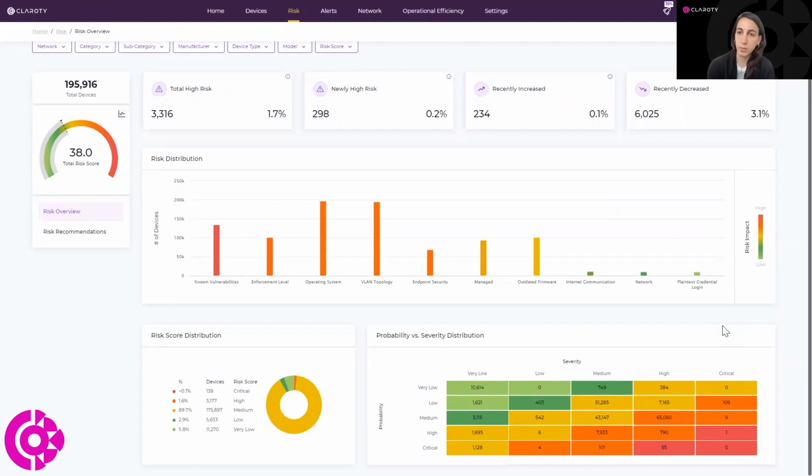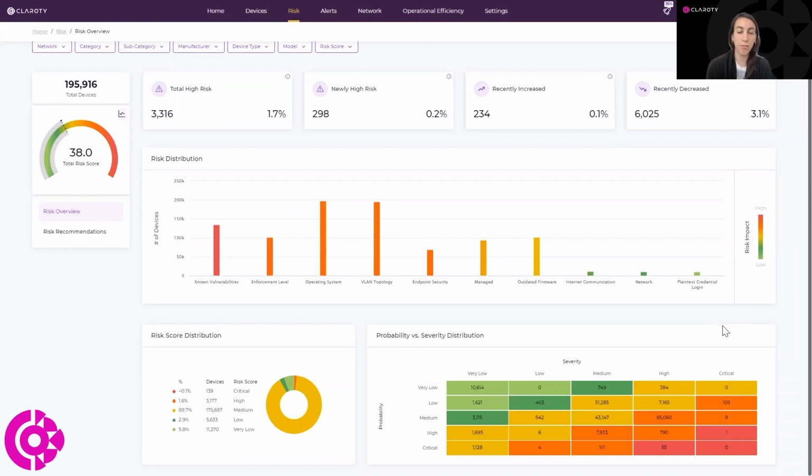calculate the probability part, we take into consideration several factors that point to how likely it is that the device will be exploited. So when the factors get high values, they will increase the probability level.